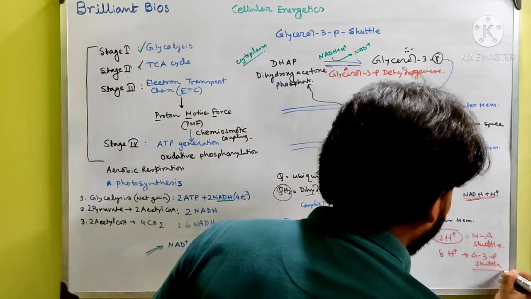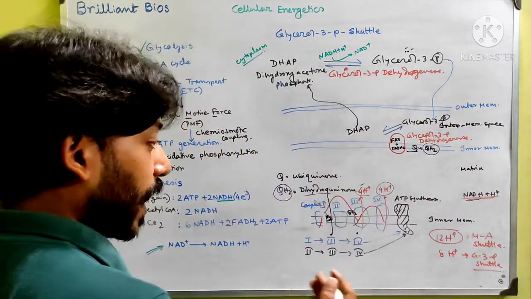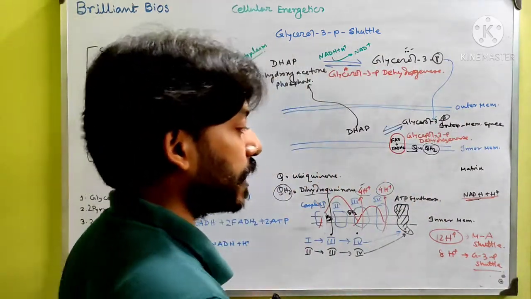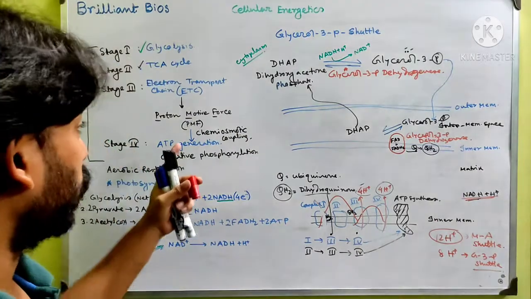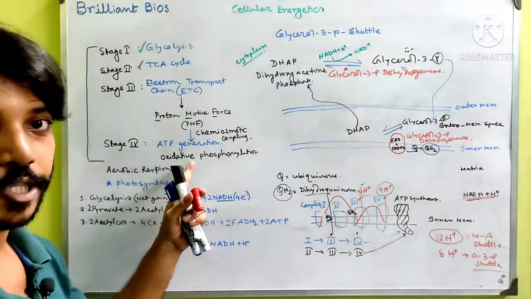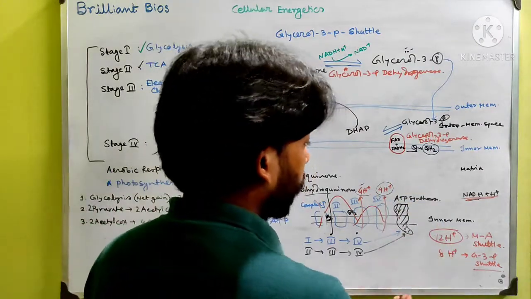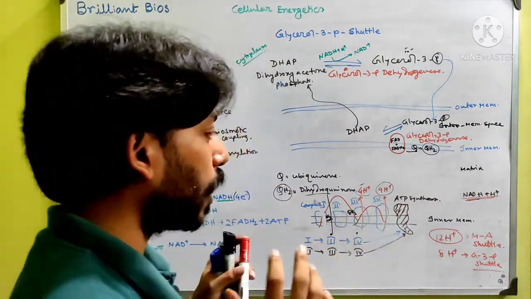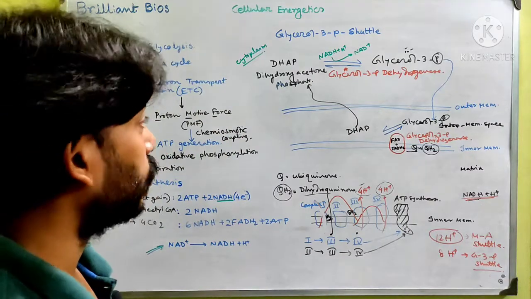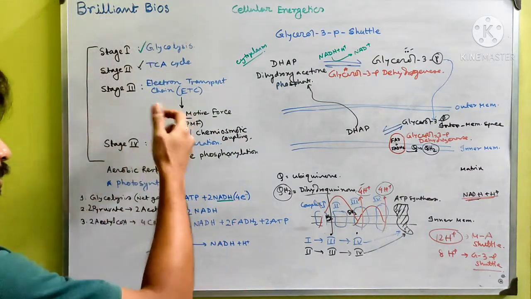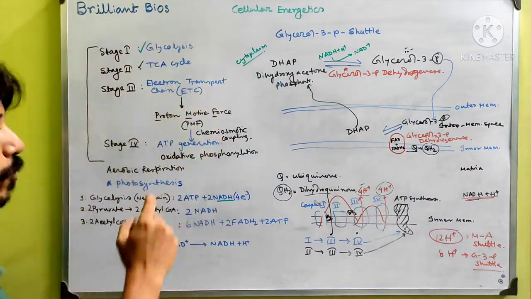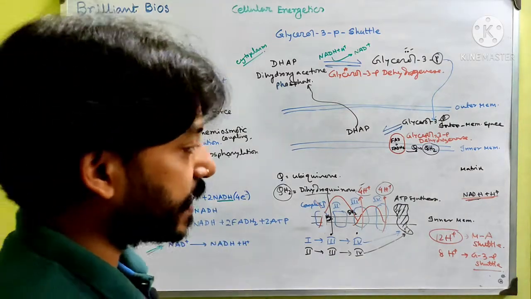And here is the difference why the malate aspartate shuttle is more efficient in the generation of proton motive force and ultimately in the generation of ATP, because in this case less amount of protons are released. If you want to understand this mechanism in more detail, you have to know the facts about the electron transport, and I have just given a very basic idea.